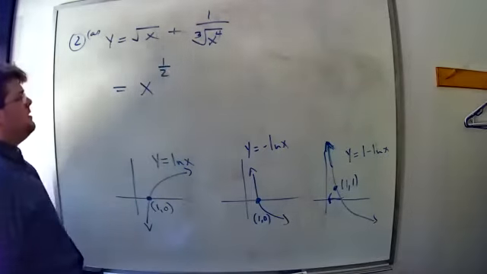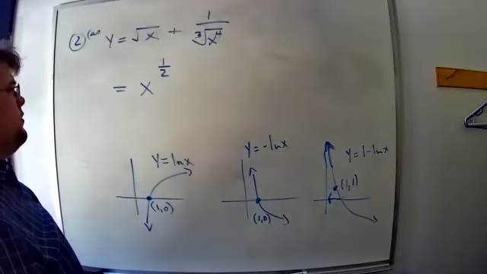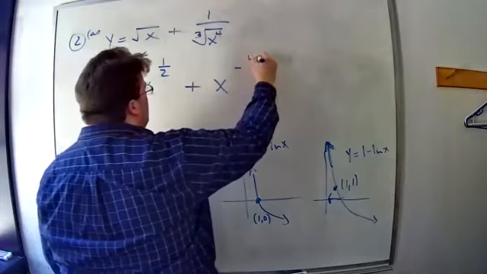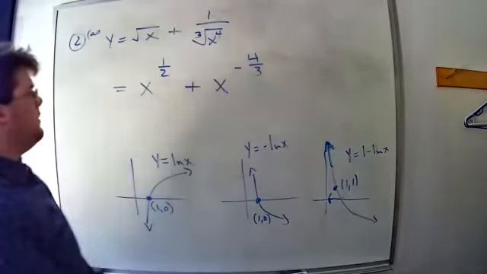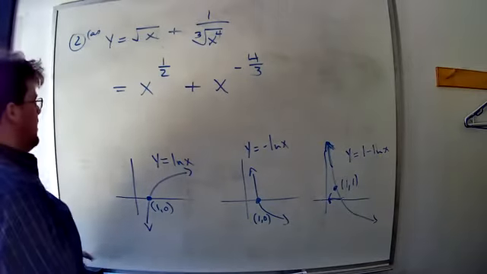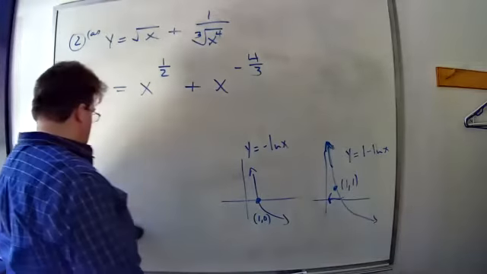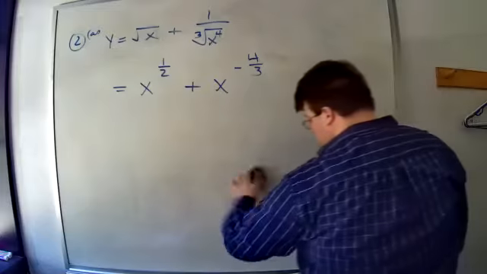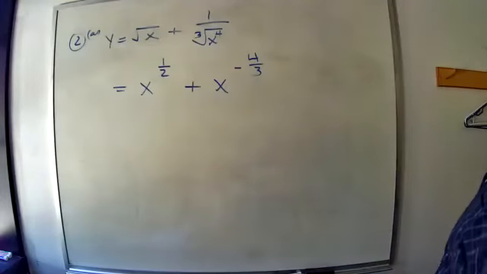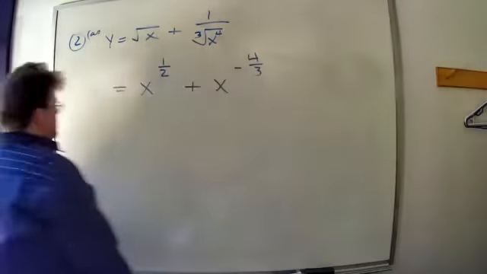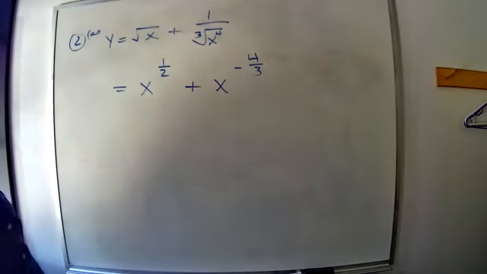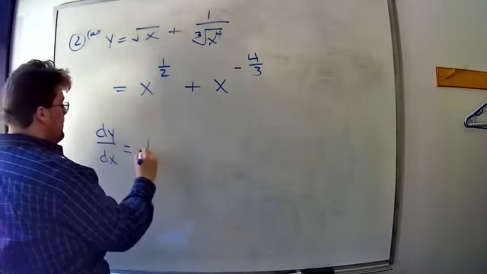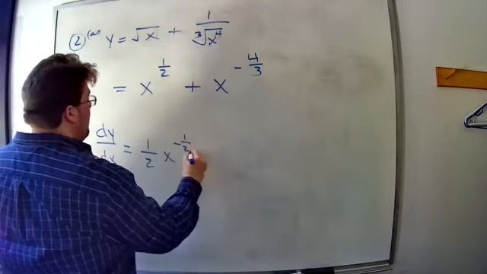Square root of x is x to the half. The cube root of x to the 4th is x to the 4 thirds. x to the 4 thirds in a denominator can be rewritten as x to the negative 4 thirds. Now remember, a negative exponent just flips sides of fractions around. So dy dx, using the power rule, here we have a half x to the negative half.